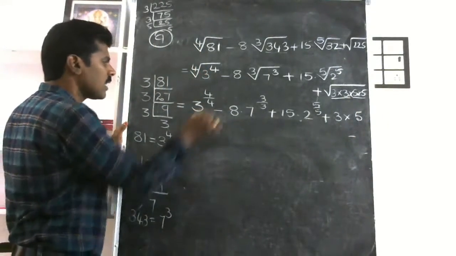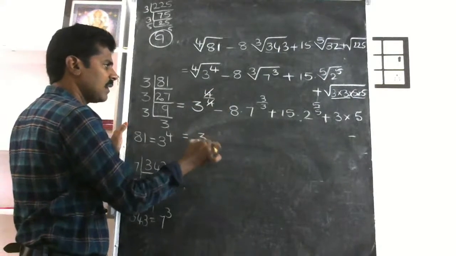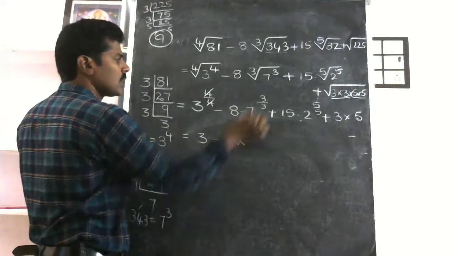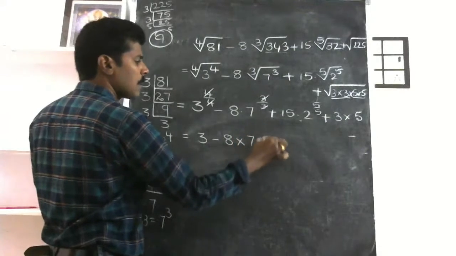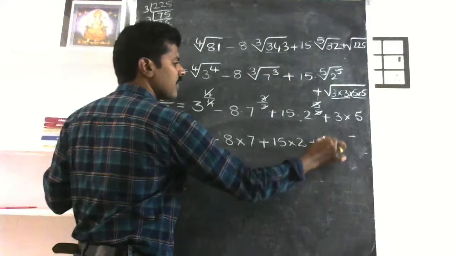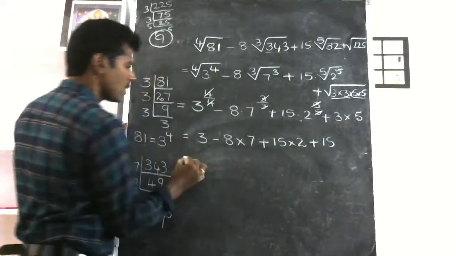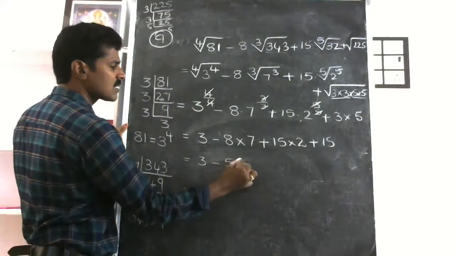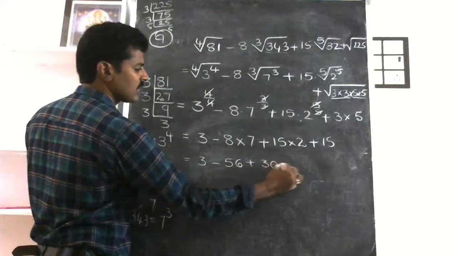If you observe here, the 4 will be cancelled and I get 3, minus 8 into 7 as the 3 is cancelled, plus 15 into 2 as the 5 is cancelled, plus 3 fives are 15. So here it is 3 minus 56 plus 30 plus 15.